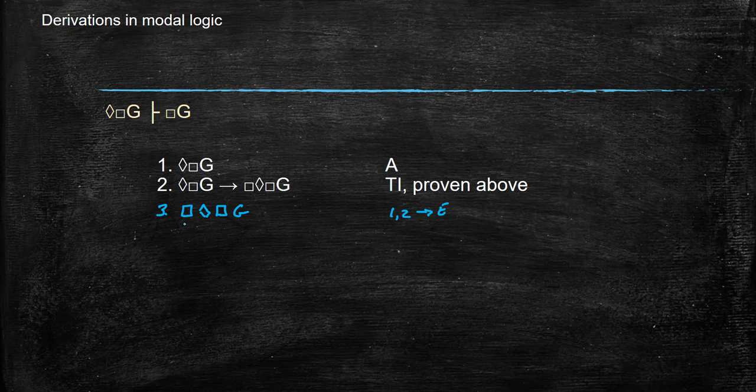So that gives us, just by conditional elimination, that it's necessarily possible that necessary G, just by 1 and 2 conditional elimination. Well, now what do we do? Well, now you want to think more in terms of the N rule.